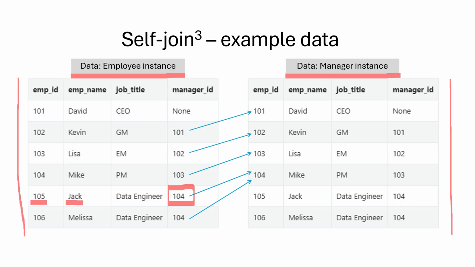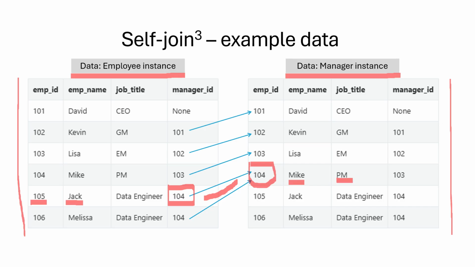So knowing the manager ID and also knowing that this manager ID is just another employee ID, what we can do is take this manager ID from the employee instance and go into the second instance, which is the manager instance, and there look up this manager ID 104 as employee ID in the manager instance table. Once we find a match, we can determine what the manager's name and job title are.